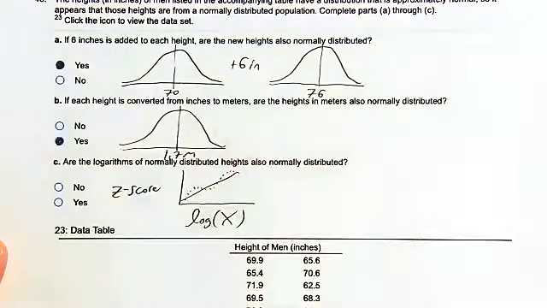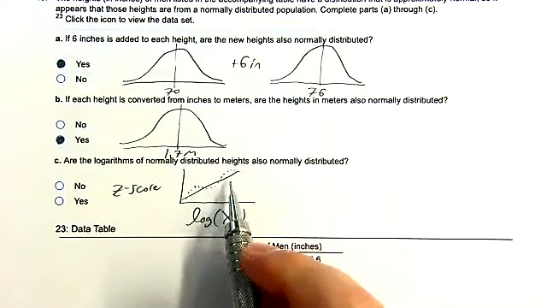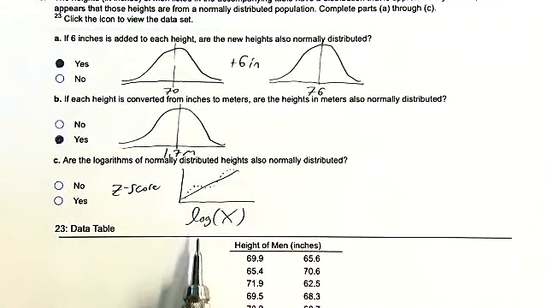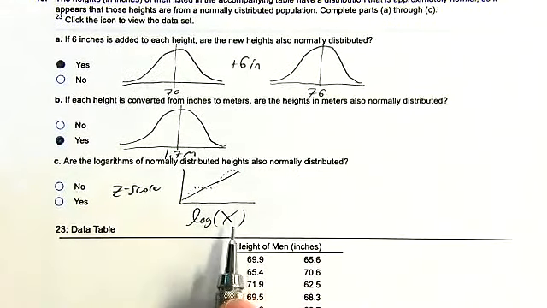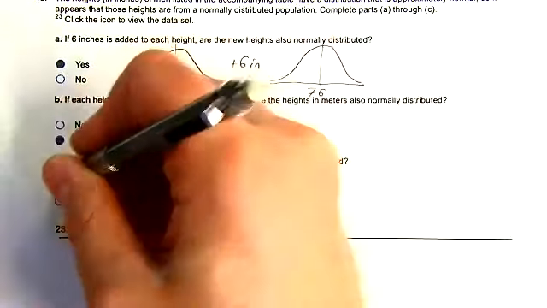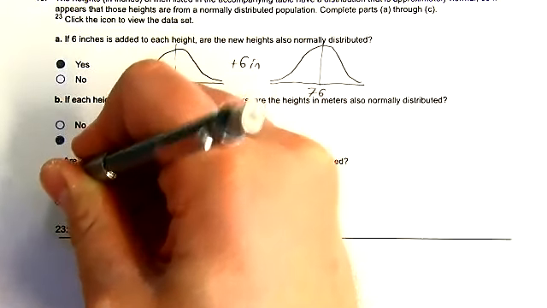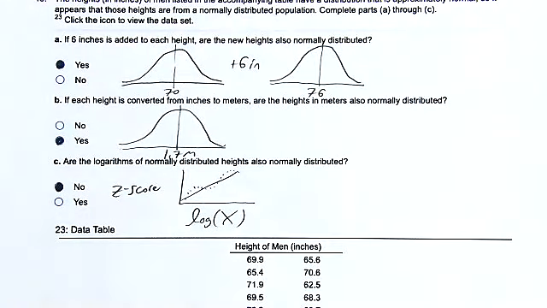What would you say about the straight line aspect of that QQ plot? It's gone, right? So we lost it. Taking a transformation of these numbers with a log or something will lose your normal distribution. So no, they're no longer normal.